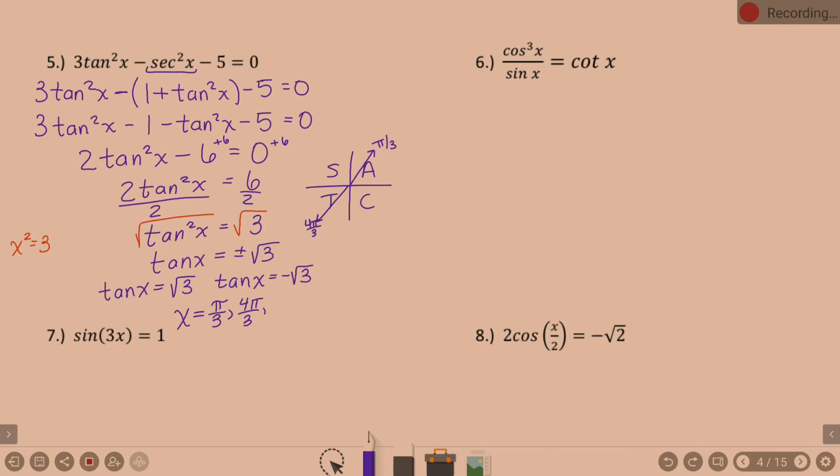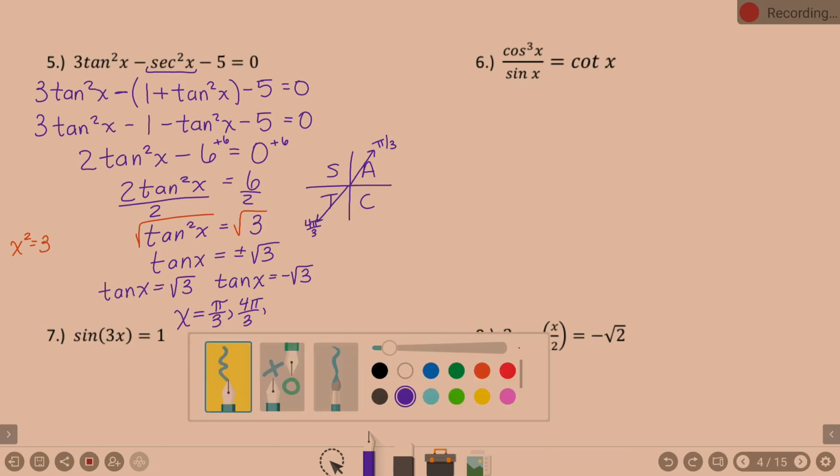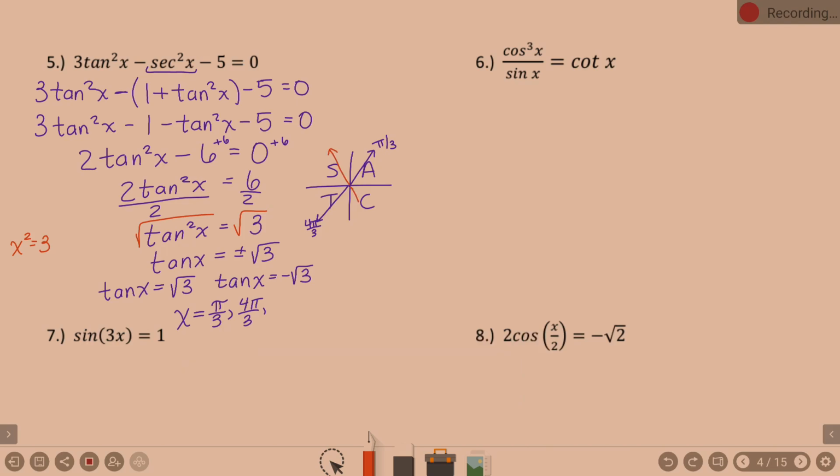Nope. Now we move on to when is tangent negative. So when is tangent negative? That's going to happen in quadrant 2 and quadrant 4. So in quadrant 2, what is my pi over 3 angle up here?